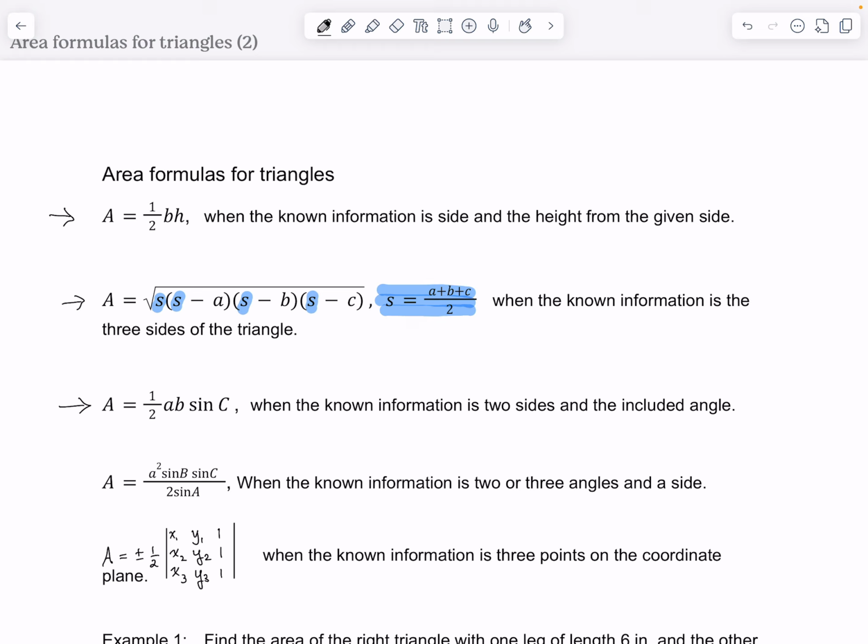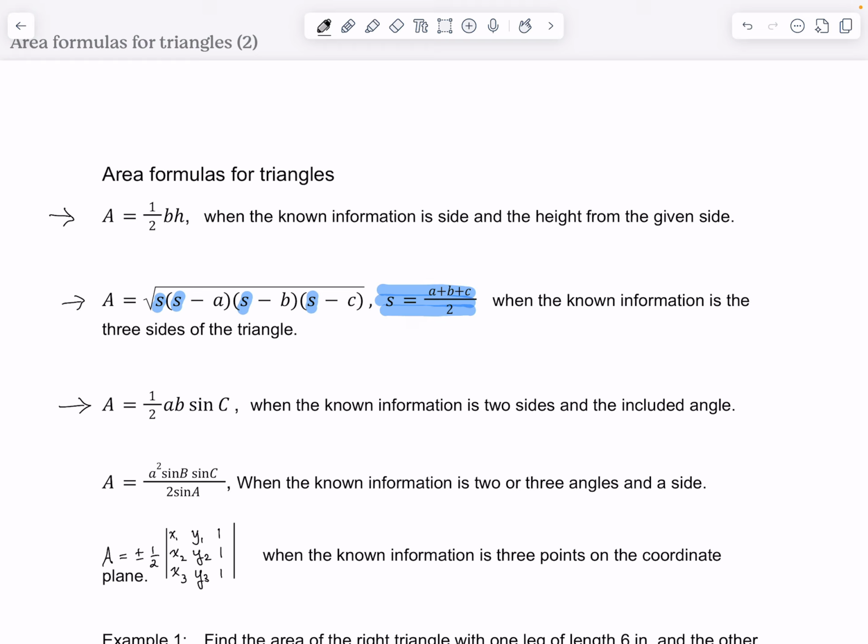Now remember, when you utilize that formula, you'll need to make sure that your calculator angle mode is the correct mode for the angle measurement you have for angle C. And usually it'll be degree measurement, so you want to make sure it's in degree mode.